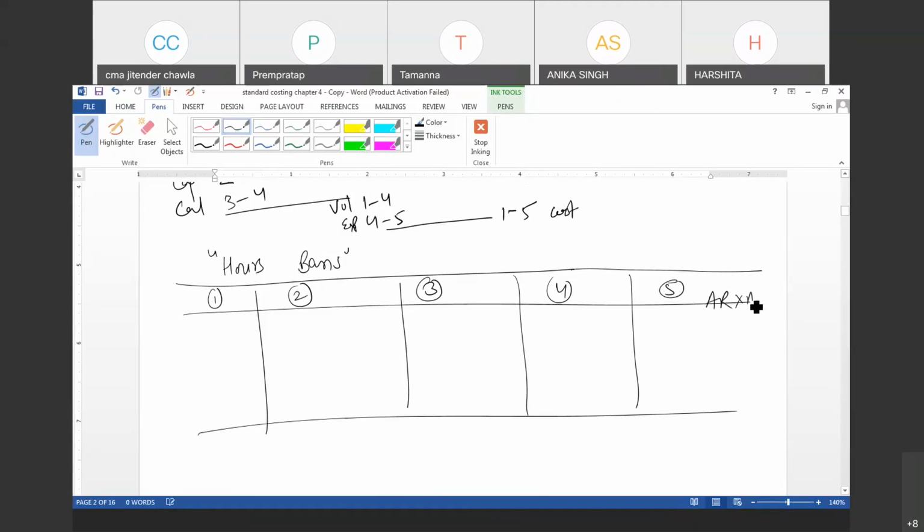ARAH, SRBH, SR into AH budgeted. What should I write? Q or H? क्या लिखूं मैं?